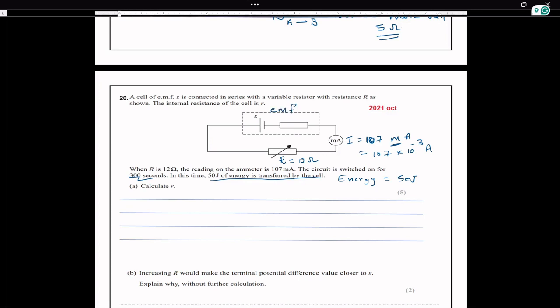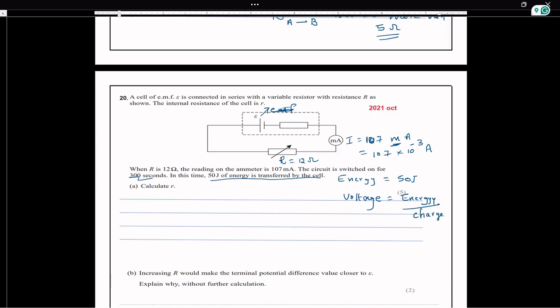So EMF is marked here, EMF is E. So this EMF equals, see we have the basic relation in electricity. Voltage is the energy transferred by unit charge.